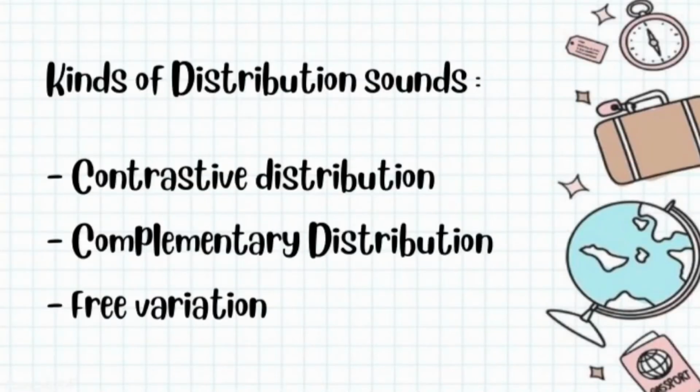There are 3 kinds of distribution of sounds. The first is contrastive distribution, the second is complementary distribution, and the third is free variation. But for now, we only need to discuss contrastive distribution and complementary distribution.